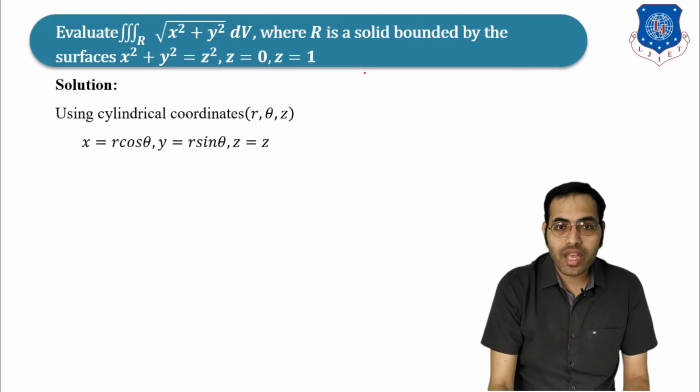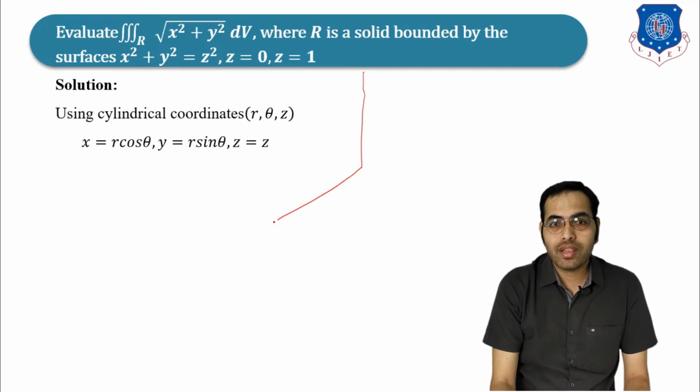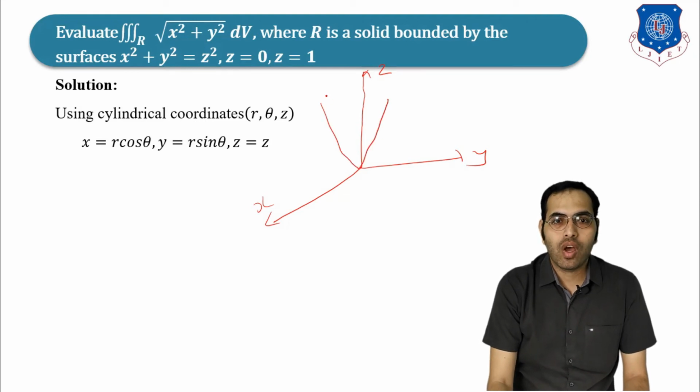Firstly we draw the region. This is our x axis, this is the y axis, this is the z axis, and this is our cone, the infinite cone. Assume this one is the cone.